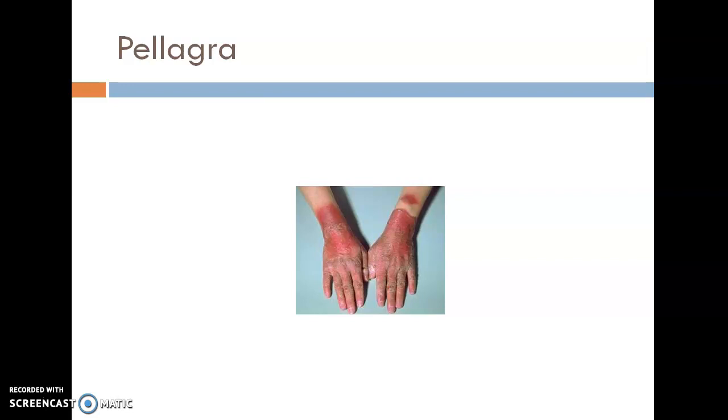And the disease is characterized by 3 Ds, that is dermatitis, diarrhea, dementia.